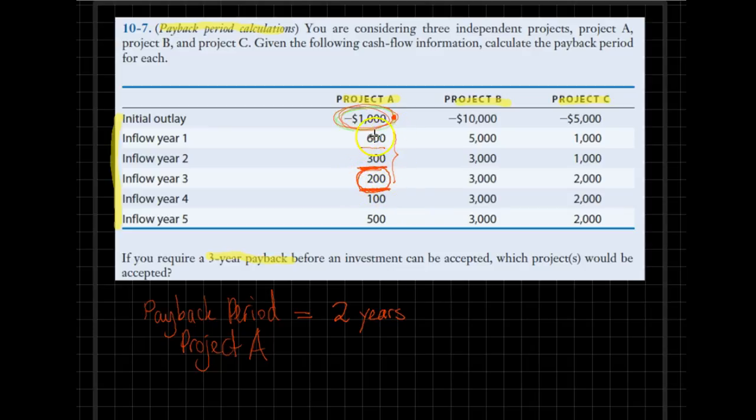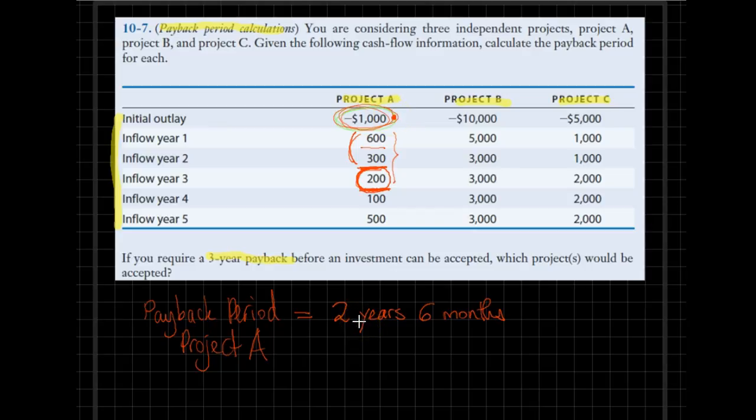At the end of 2 years, we are still $100 short. So how long will it take us to recover that remaining $100, given that we can make $200 during the whole year, or during the whole 12 months? If in 12 months we can make $200, it would take us just 6 months to recover the rest of our initial investment. So that would be the payback period for project A.